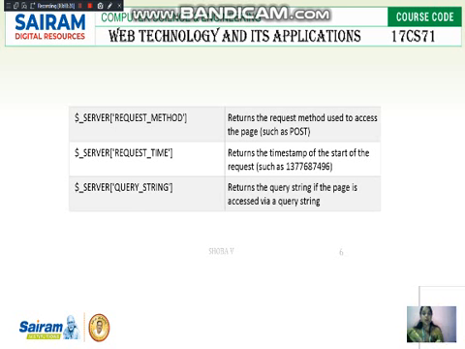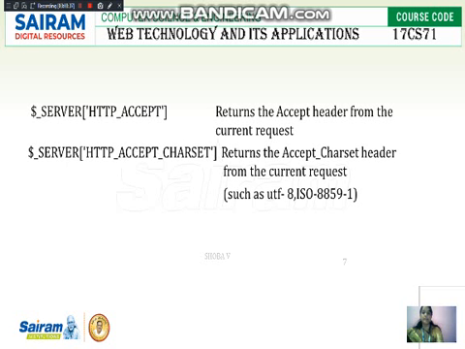Afterwards, what will happen? Some language like JavaScript gets the data from the server, and from the server it moves to the specified path. HTTP_ACCEPT returns the Accept header from the current request.